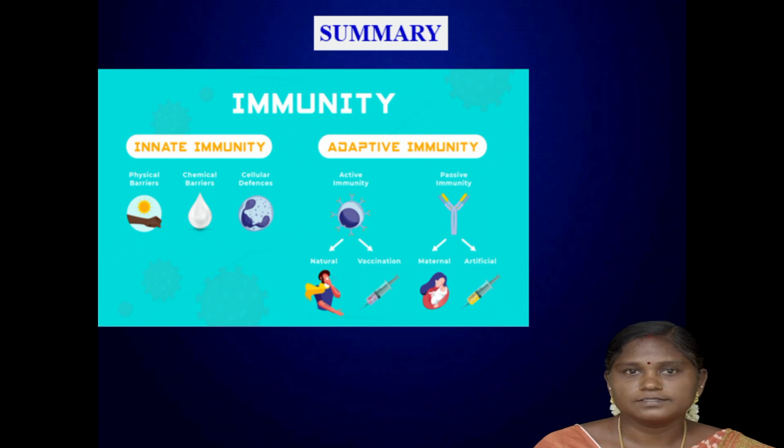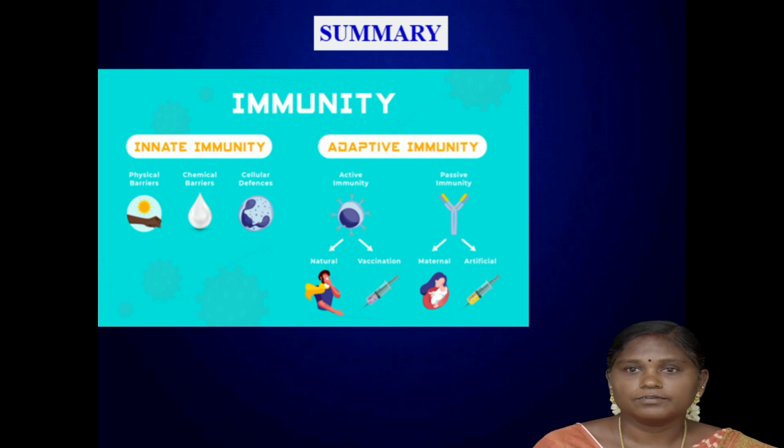Then we saw immunity: innate immunity, which happens at birth itself, and adaptive immunity, which we classified into natural and artificial.